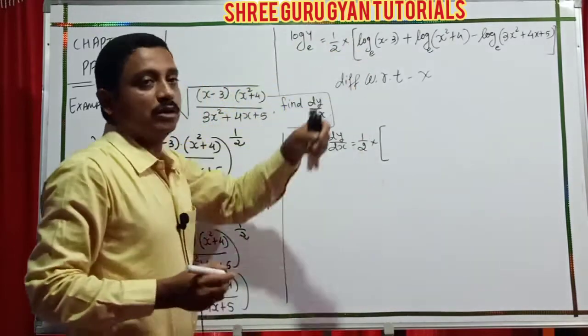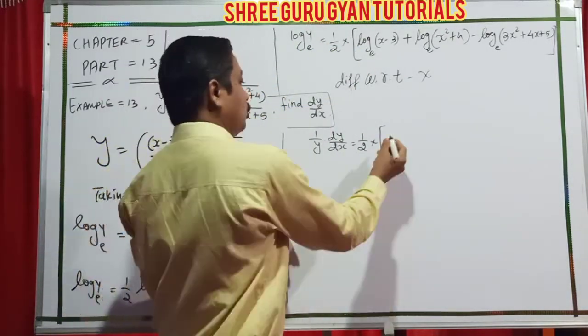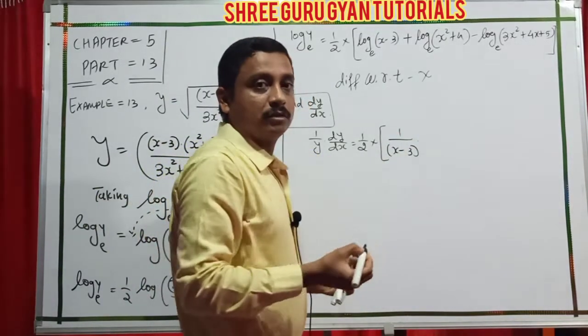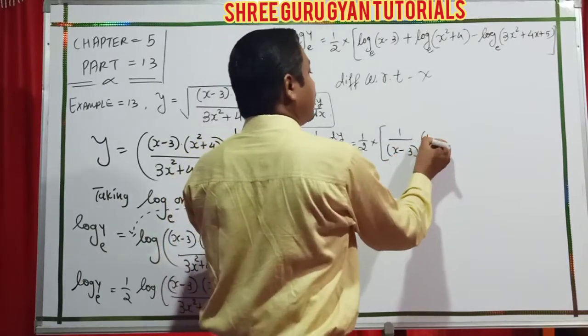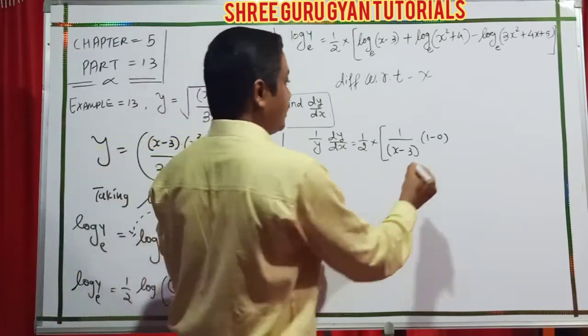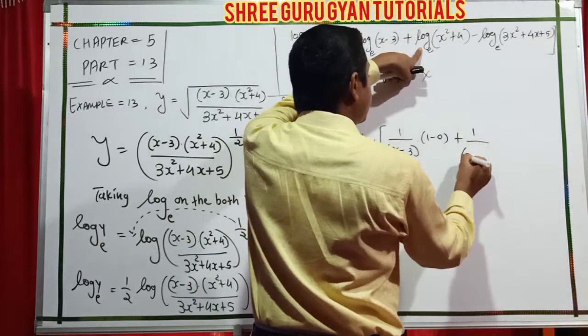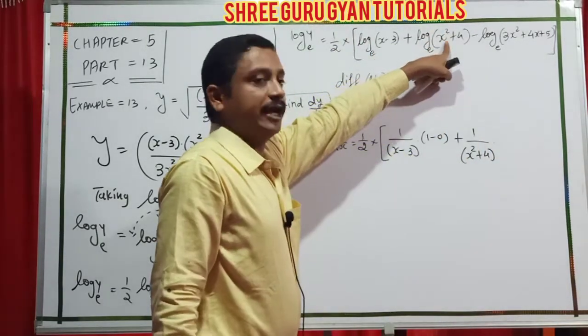Now the log function derivative: 1 upon x minus 3 into the derivative of x, which is only and only 1, and the derivative of 3 is 0. Now the log function derivative: 1 upon x square plus 4 into the internal derivative.